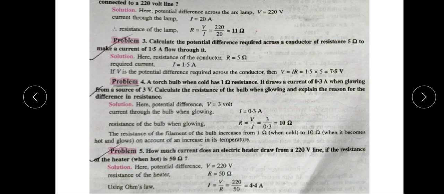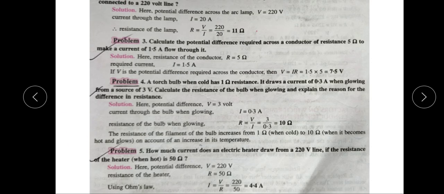Note the point, the resistance of the filament of the bulb increases from 1 ohm to 10 ohm on account of an increase in temperature. Note the point, when temperature increases, resistance also increases. Okay.